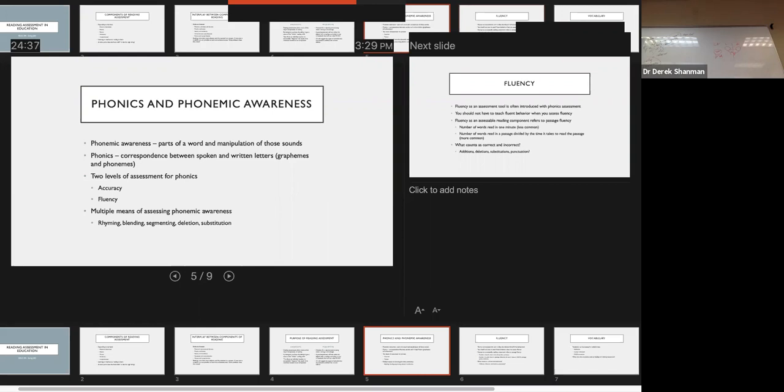Each of those sounds are tied to one of two things. Either a set of graphemes, a set of symbols, but there are also individual symbols that can be used to represent every sound. We don't use those very often, but you know what I'm talking about? When you see those kind of weird looking letters, those are our symbols for the sounds that are not based on a single grapheme.